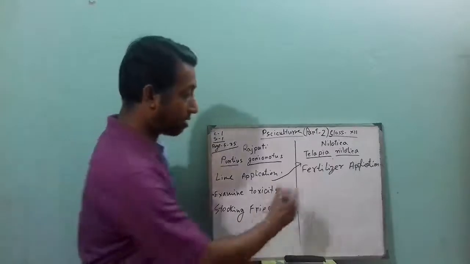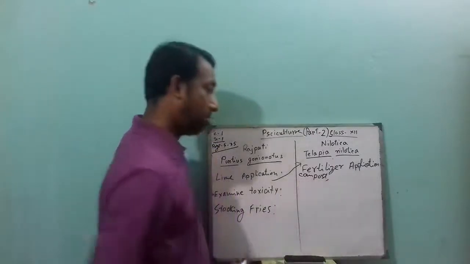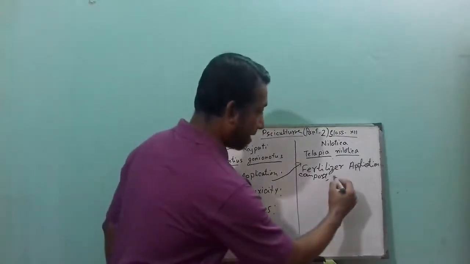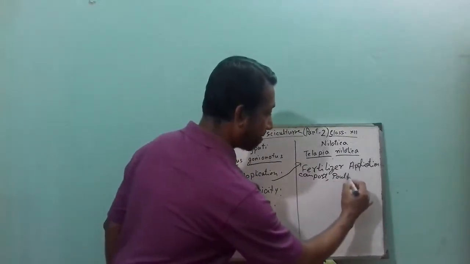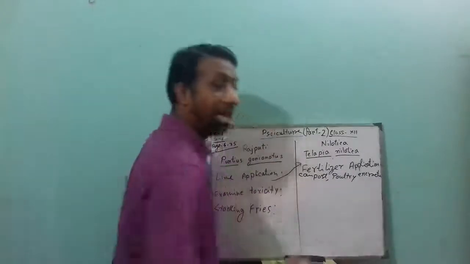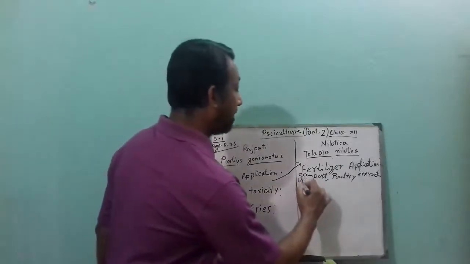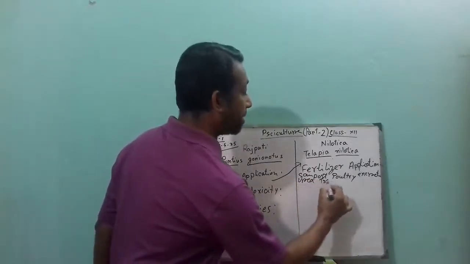Organic fertilizer is compost, then poultry excreta, etc. And inorganic fertilizer is urea and TSP.